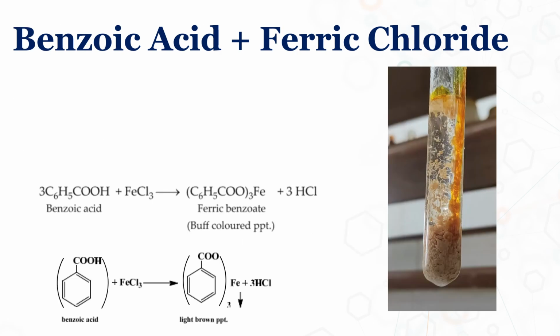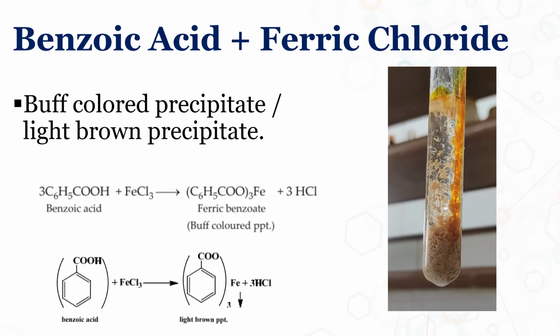For this one, we have benzoic acid and ferric chloride. So the result is a buff colored precipitate or light brown precipitate. As you can see in the photo, this is a chemical reaction: benzoic acid plus ferric chloride. The result is ferric benzoate. It doesn't have a phenyl group, because it doesn't have the hydroxyl group attached to the ring.